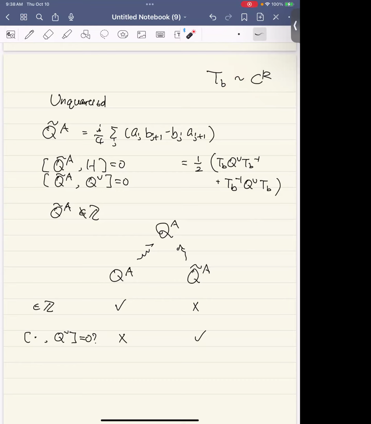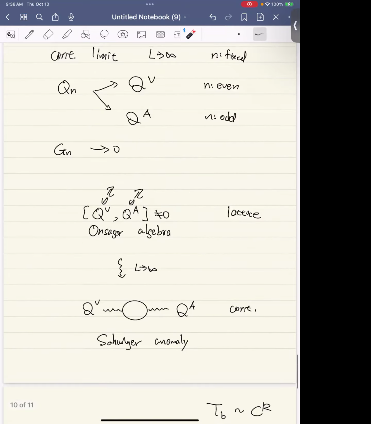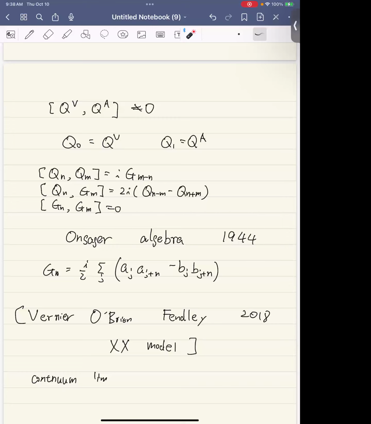So it's unclear whether we should define our axial charge on the lattice as conjugating by T_B or T_B inverse, or for that matter, any T_B to an odd power. That's why we have a whole series of operators Q_n. All these Q_n's are related by T_B to the n, Q_V, T_B to the minus n.